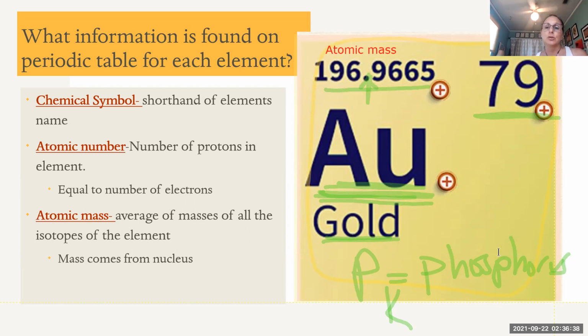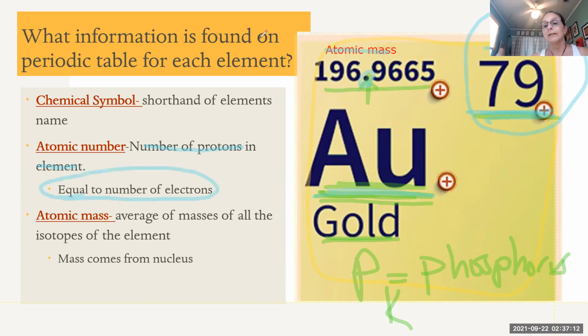So make sure you see that the one that has the decimal place is the atomic mass. The whole number is the atomic number. The atomic number is one of the main ones that we like to talk about because the atomic number tells you the number of protons in an element. So this means that gold has 79 protons in it. Now, the atomic number tells you the number of protons. The number of protons is always equal to the number of electrons.